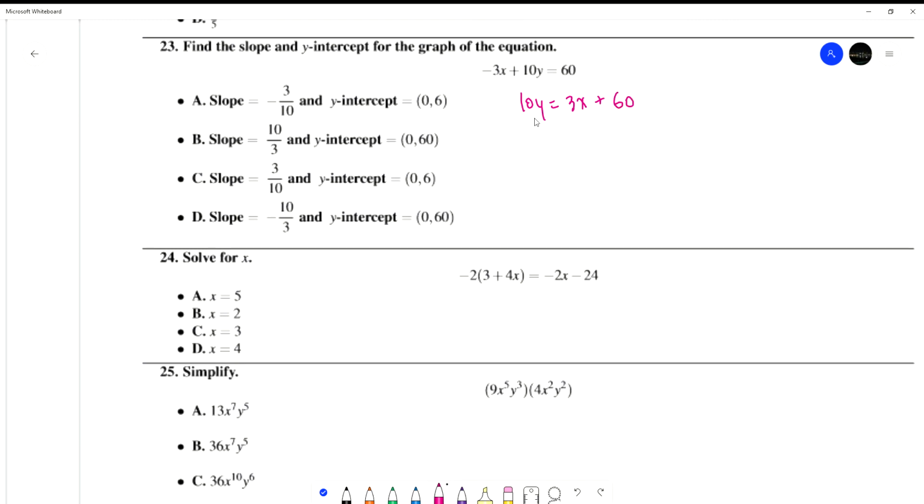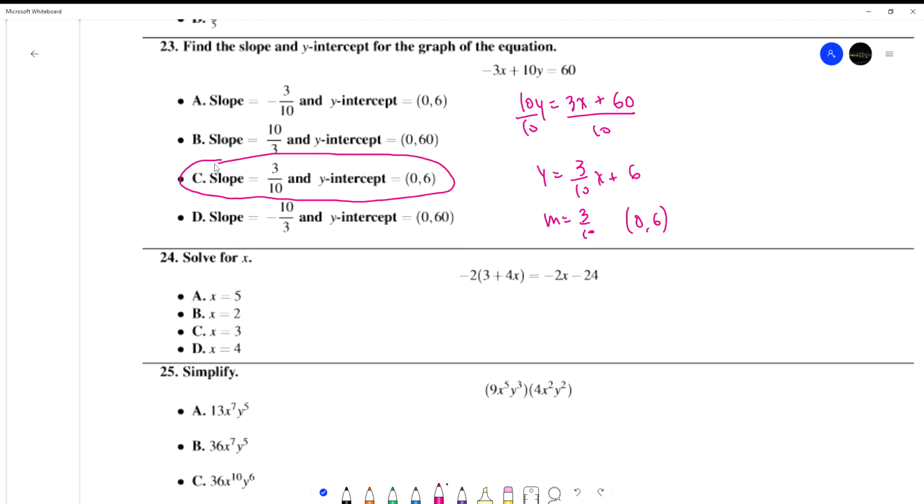Next, we divide every term by 10, and we get y is equal to 3 over 10 x plus 60 over 10, which is 6. So that shows me m is 3 over 10, and the y-intercept is (0, 6). So that is 3 over 10, (0, 6). Answer choice C.